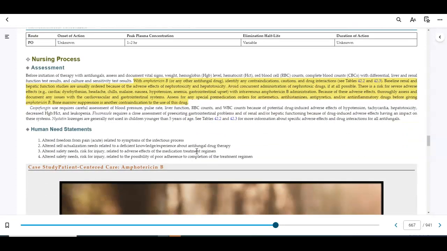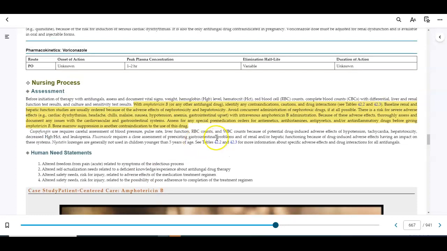We're going to scroll down to the nursing process here. So on our amphotericin, we want to make sure they don't have any contraindications before they take it. We want to look at those baselines for renal and hepatic functions because we know it's highly linked with that nephro and hepatotoxicity. We want to make sure we're not giving it concurrently with other nephrotoxic drugs.